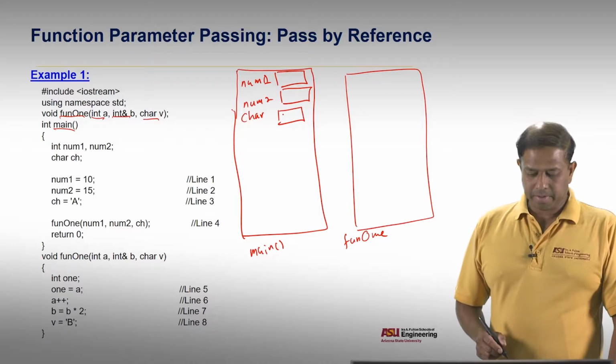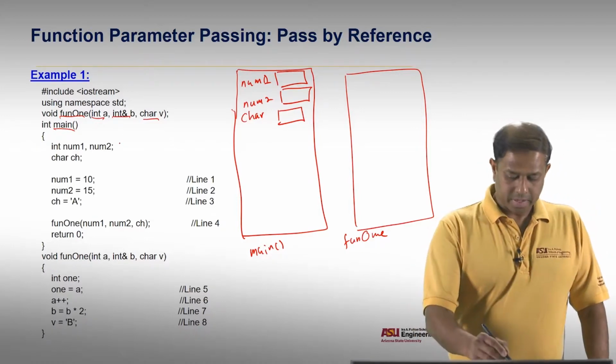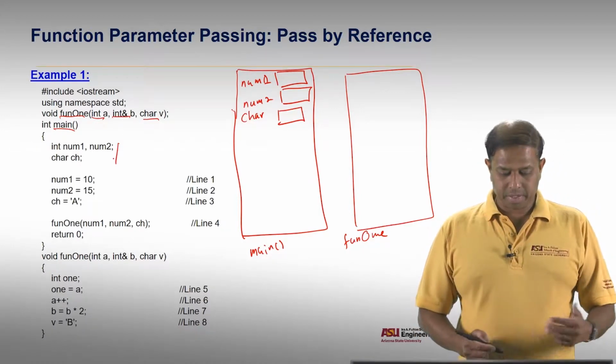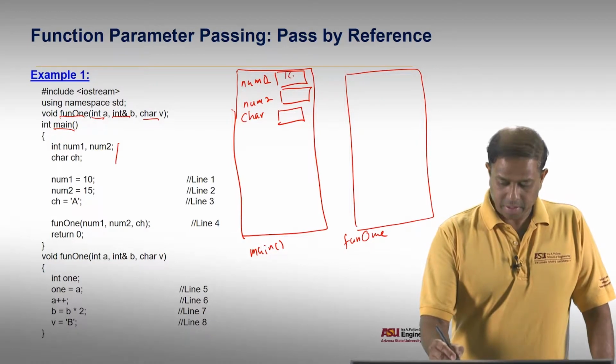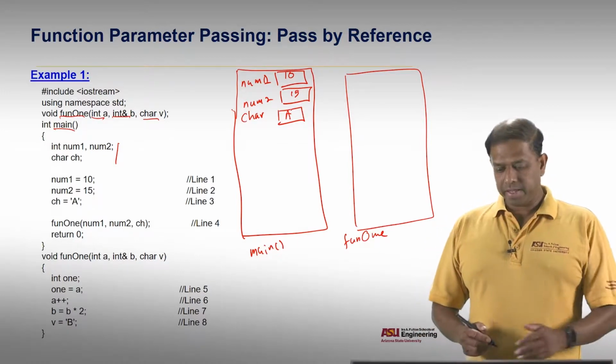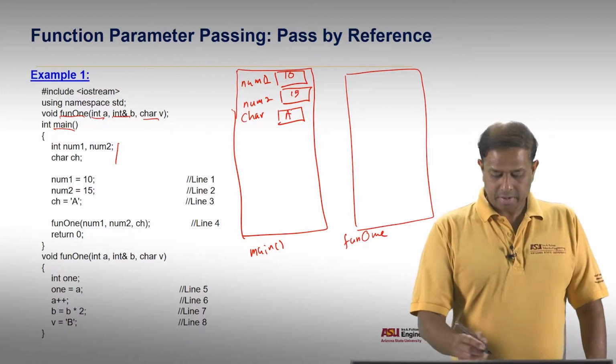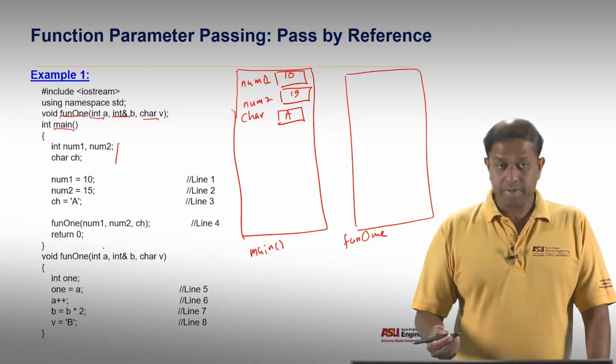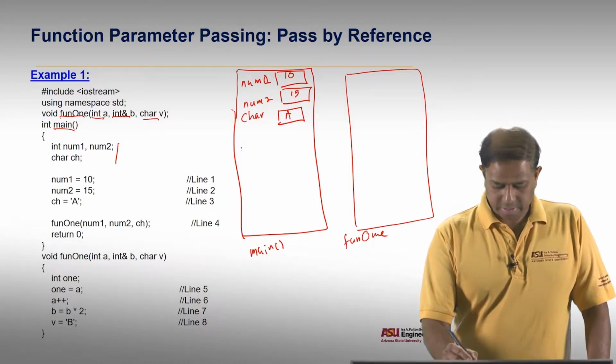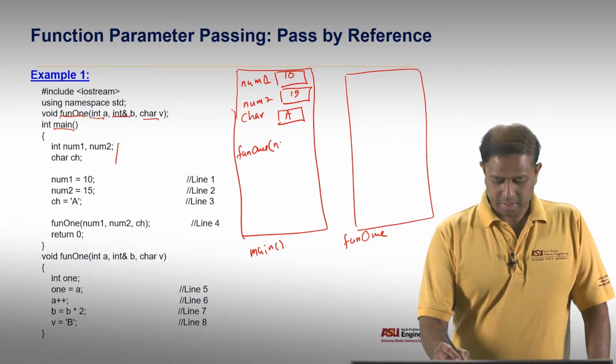After declaring these variables, we put values into num1, num2, and then ch, right? And then we are calling fun1 with num1, num2, and ch, right?